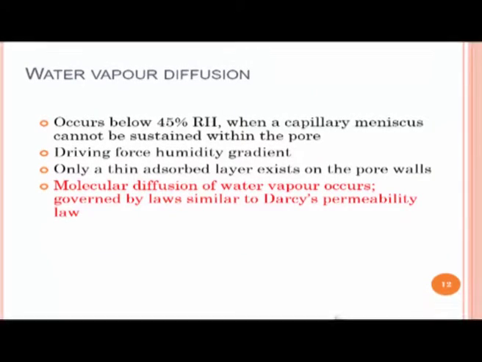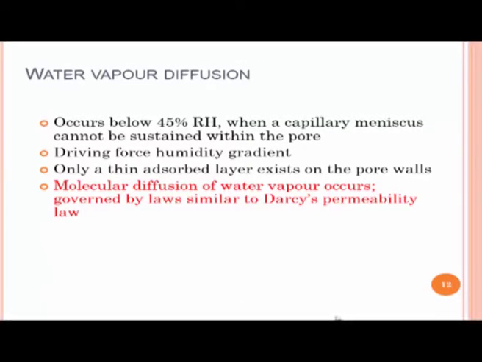Now, diffusion can also happen for gases. I talked about carbon dioxide earlier. Water vapor can also diffuse, but that happens over a very low range of relative humidities, less than 45% relative humidity. And the driving force in this case is not the concentration gradient, because water vapor thrives on differences in humidity. Concentration in the case of a gas is basically the partial pressure.